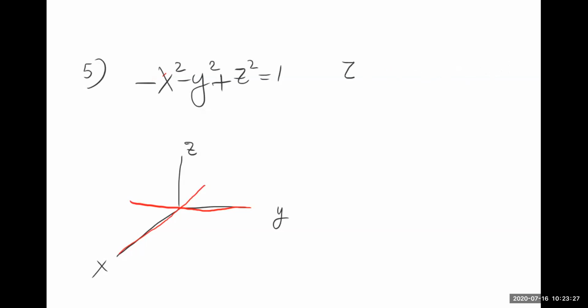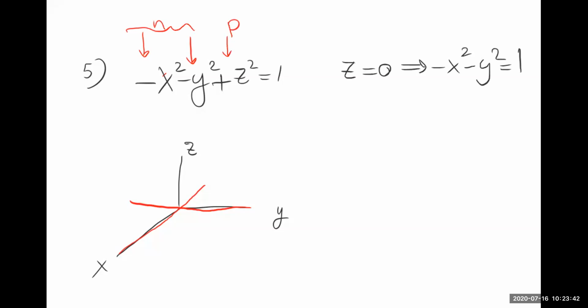What matters is what would happen if two of them are negative and one of them is positive. If z is 0, we would get minus x squared minus y squared equals 1, which means x squared plus y squared equals minus 1. Well, x squared plus y squared can't be a negative number. There is no answer. So if z is 0, there is no answer.